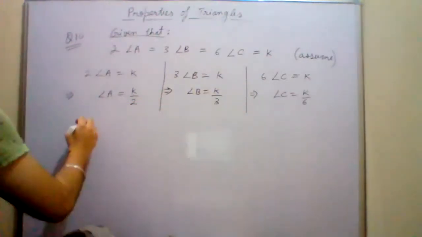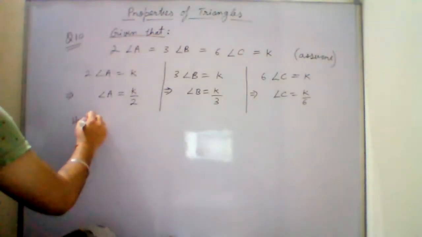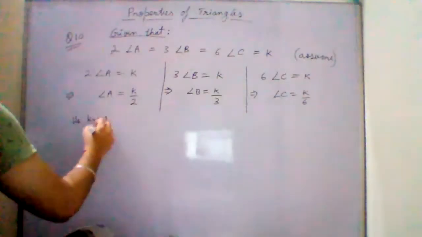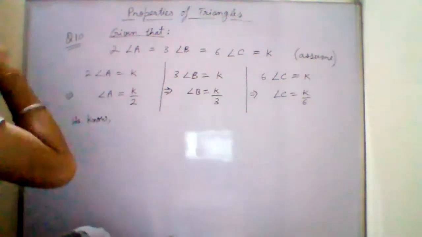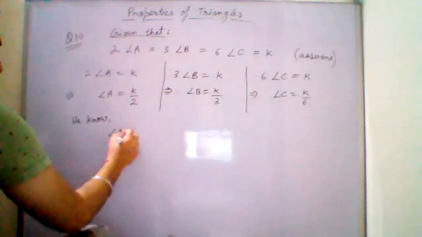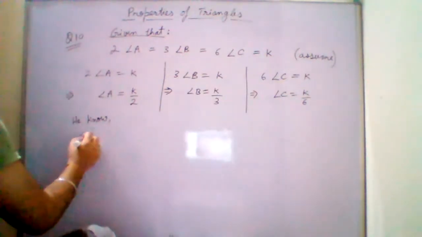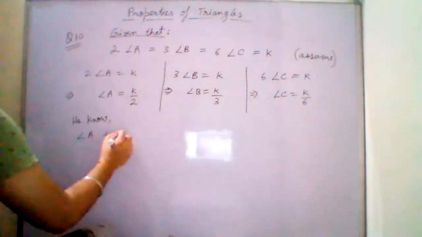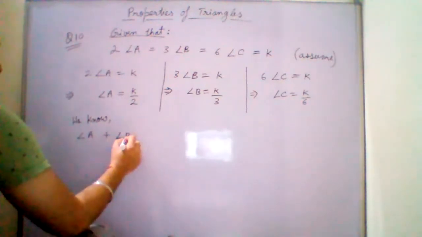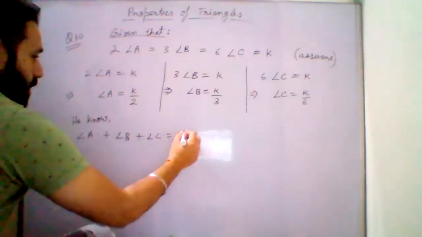Now what? We know that angle A plus angle B plus angle C is equal to 180 degrees.